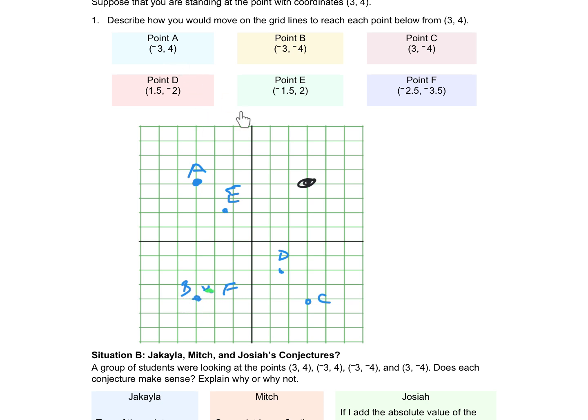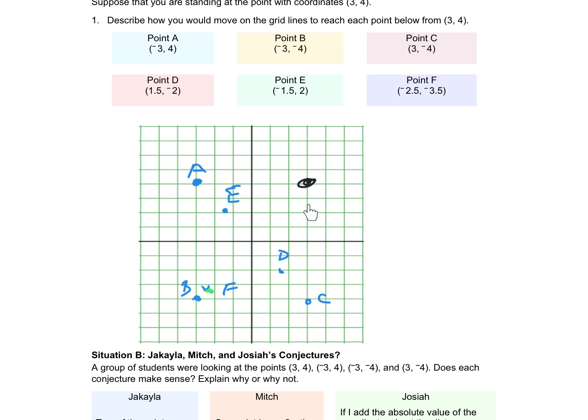So for point A, we're going 1, 2, 3, 4, 5, 6 units to the left. For B, in order to reach that, we could do a couple things. We could go 6 units to the left and then go 1, 2, 3, 4, 5, 6, 7, 8 units down, or we could go 8 units down and 6 units to the left.